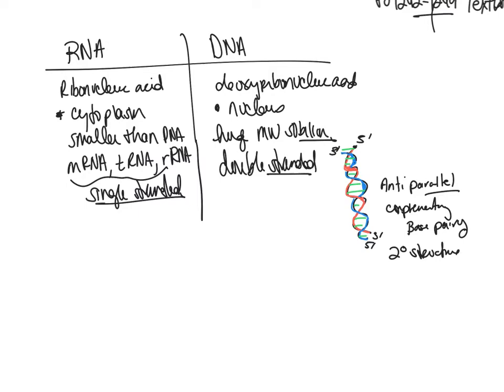And we'll also talk about the primary structure. Primary structure is going to be the structure of your nucleosides and nucleotides. So the nucleotide consists of 3 things.